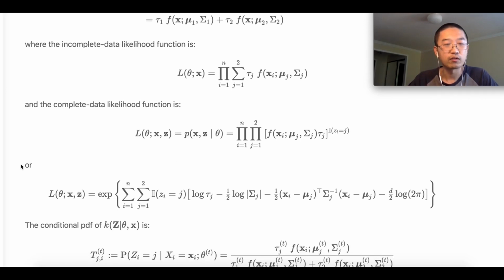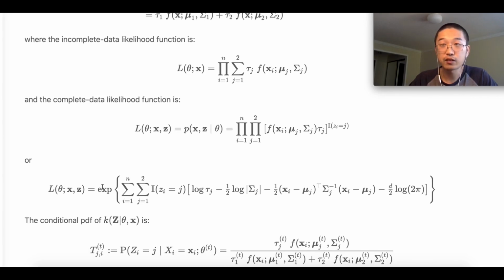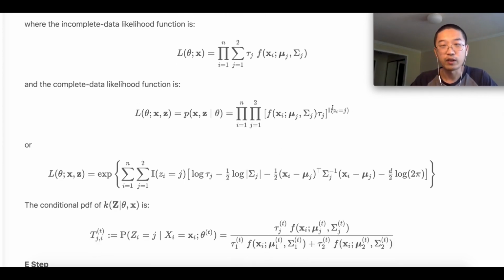To simplify, because it's too complicated here and we can't calculate it easily, we can take the exponential and the log of the whole thing, and then take another exponential. That will cancel out. It's the same function. Now we can take the indicator random variable out as a multiplier, and then take the log.